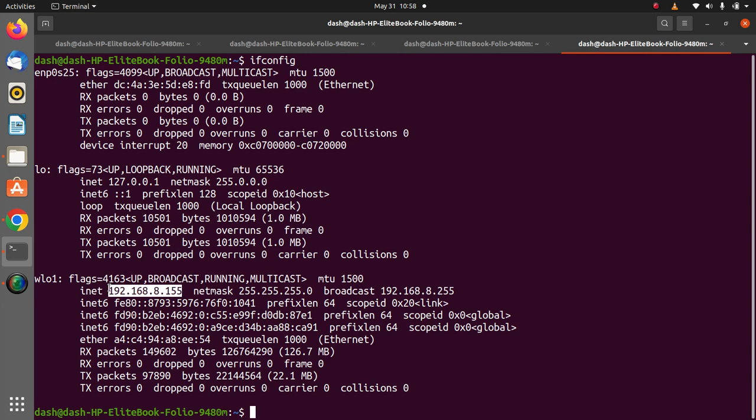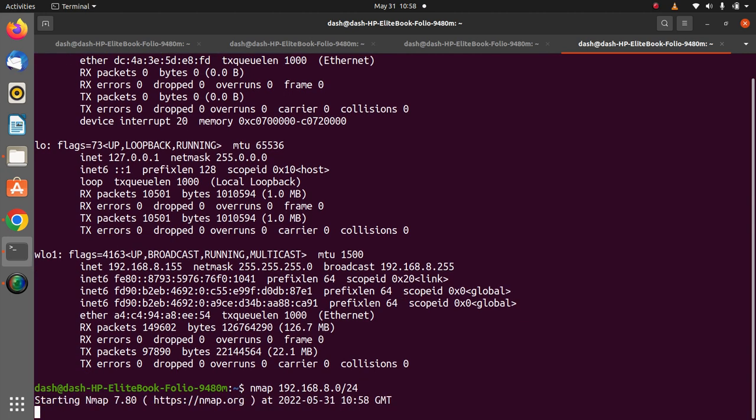So I can use that to check for the different addresses, the different people that are connected to this same network using Nmap. Alright, while it's scanning to see the network, we'll be using AppSpoof.